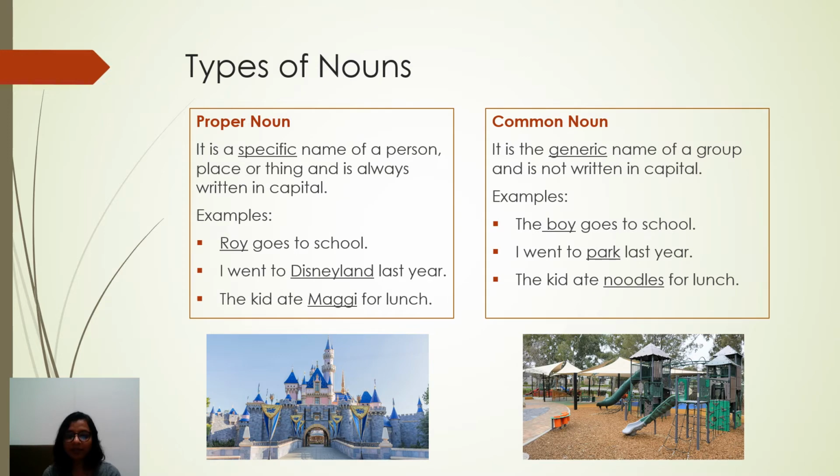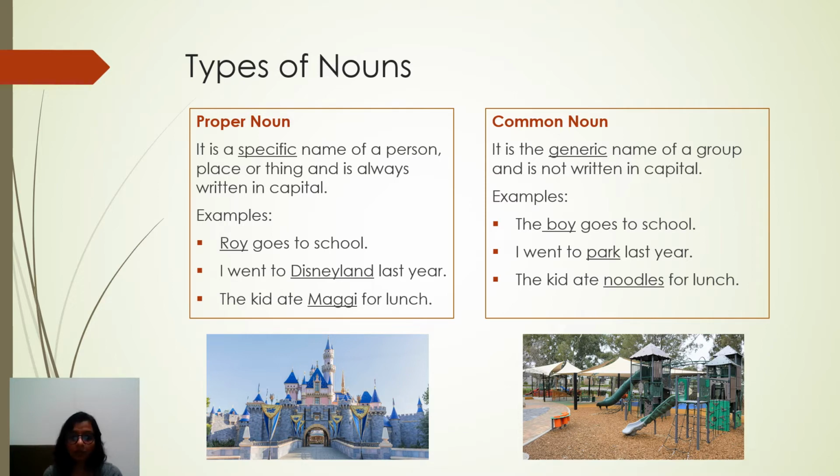So our previous slide listed the types of nouns. Now we are going to see each of them one by one and what exactly comes under them. I'll start with the proper noun. A proper noun is the name of a specific person, place, or thing, and it is always written in capital letters.